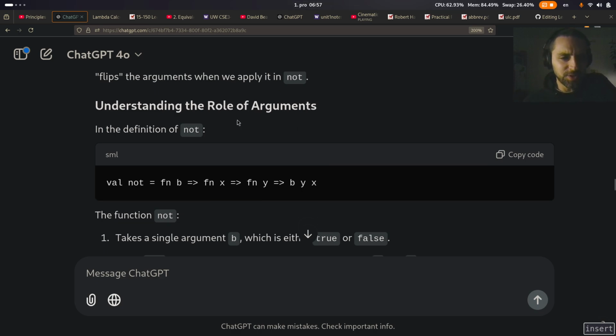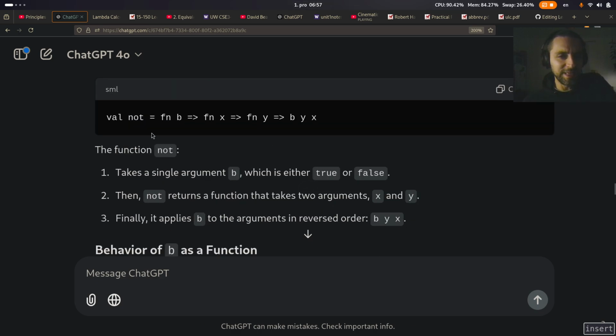The function not takes a single argument b, which is either true or false. Then not returns a function that takes two arguments, x and y.